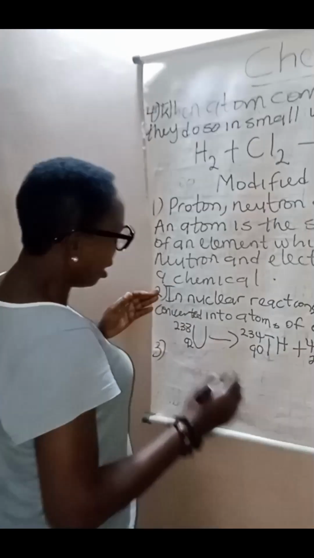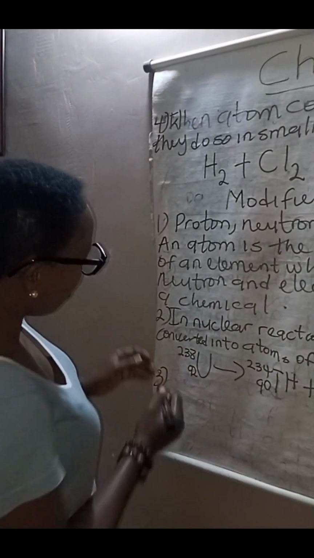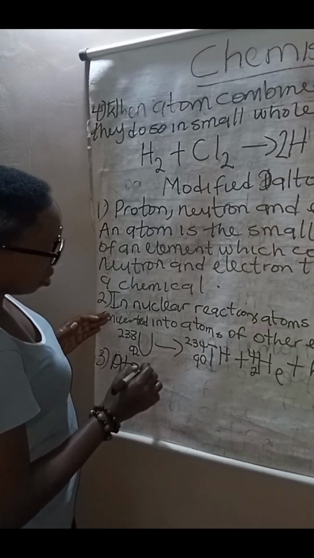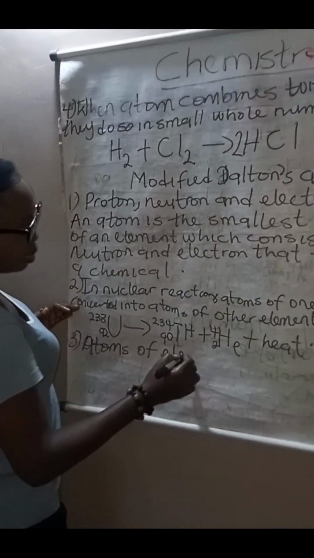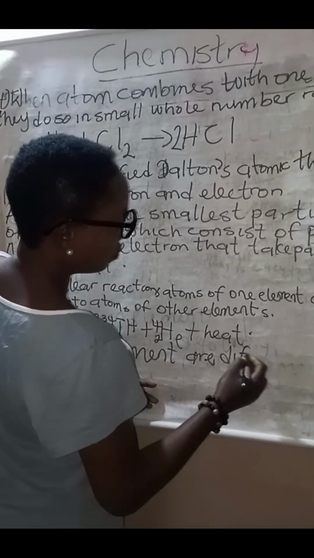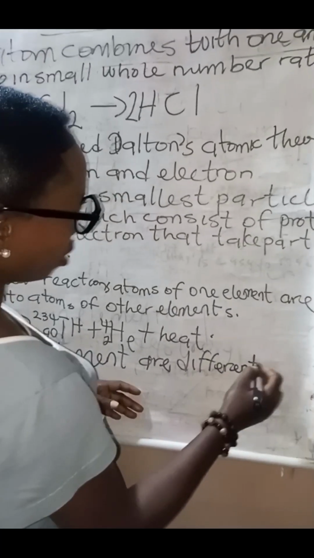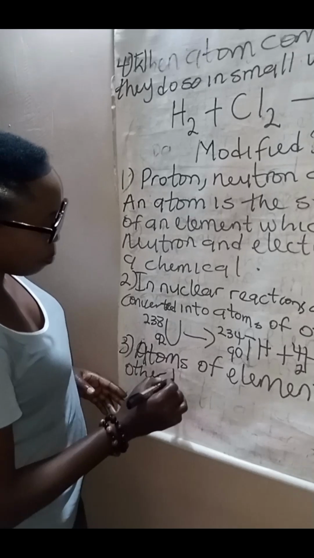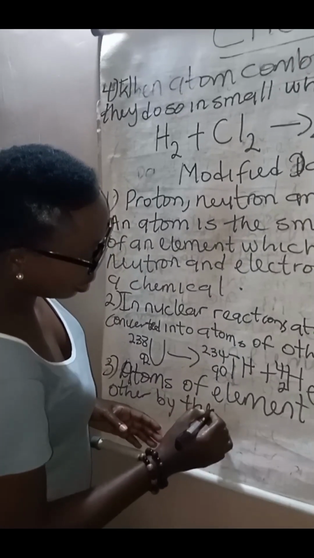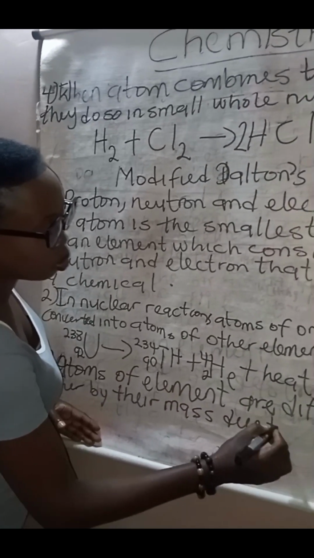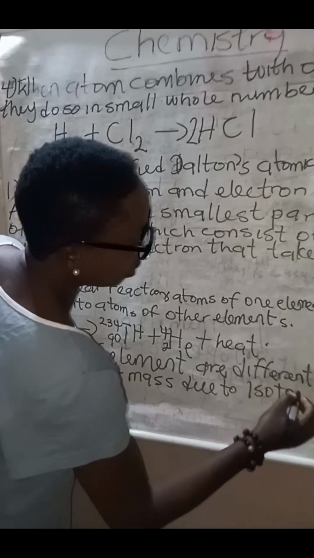Now he modified the theory and said atoms of elements are different from each other by their masses due to isotopy.